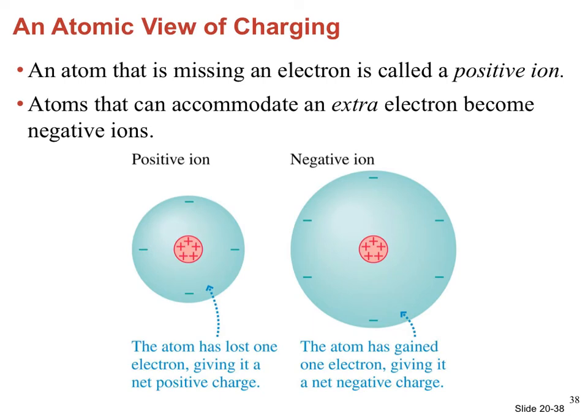If we are missing an electron, it's a positive ion because it has an extra positive charge compared to the number of negative charges. But if atoms accumulate extra electrons, they become negatively charged, negative ions.